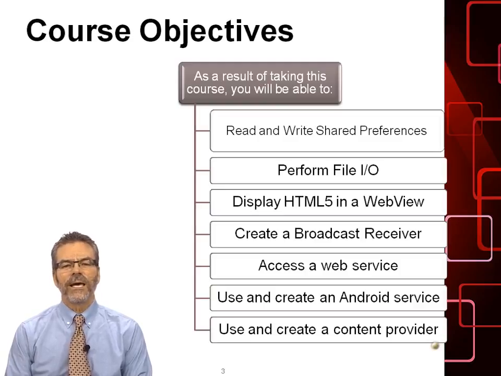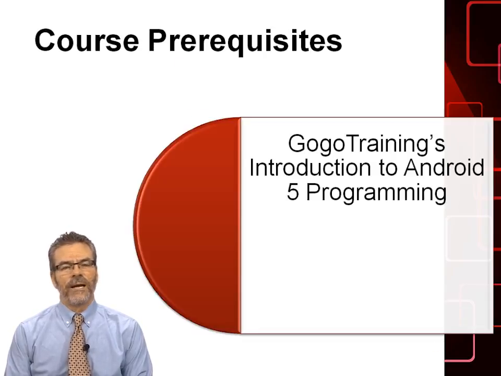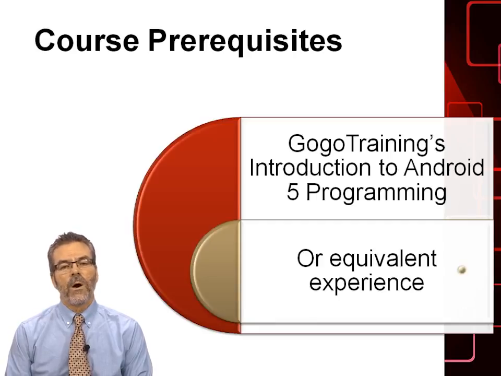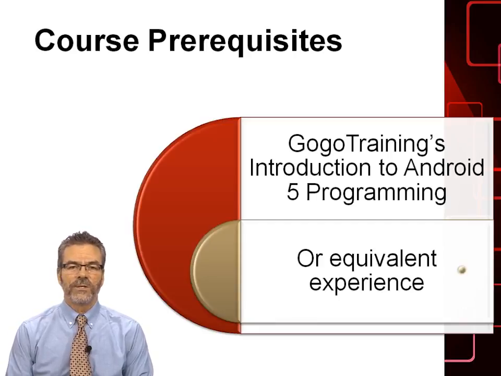And we'll end by finding out how to use what's called a content provider, and also you'll learn how to create a content provider. Now, the course prerequisites: I assume that you've taken GoGo Training's Introduction to Android 5 Programming, or you have equivalent experience.